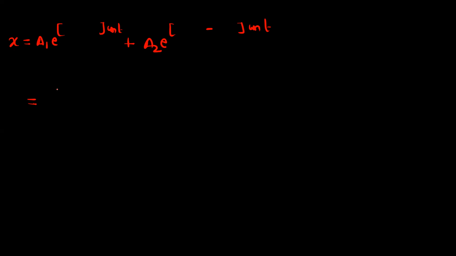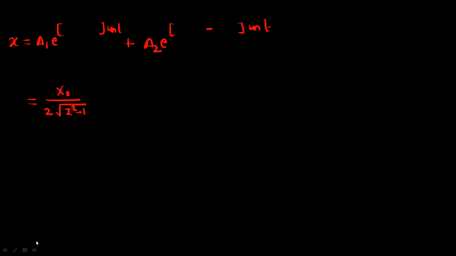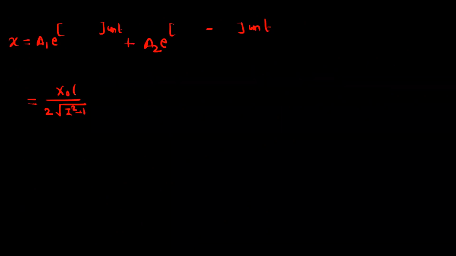The constant a1 is x0 upon 2 times square root of zeta square minus 1, into zeta plus square root of zeta square minus 1. So this is constant a1, e raised to omega nt, plus the constant a2.